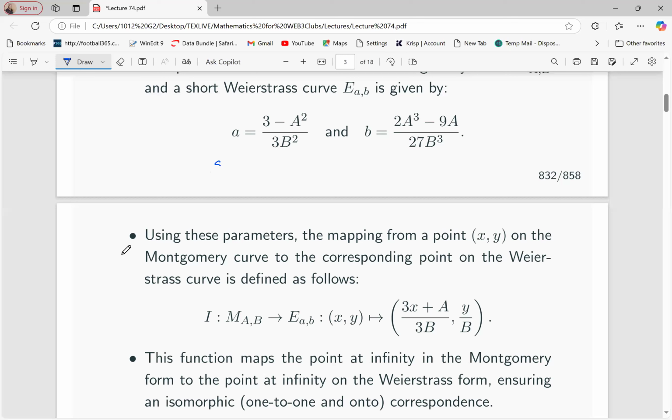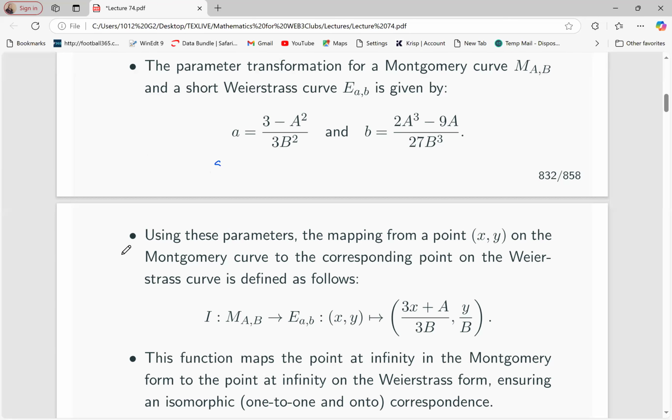Now, I've been given the Montgomery equation and I want to convert it to the short Weierstrass. What I'm interested in is the value of x and y. The value of x will be given by this, and the value of y will be given by that.